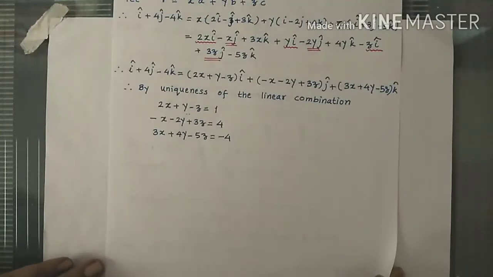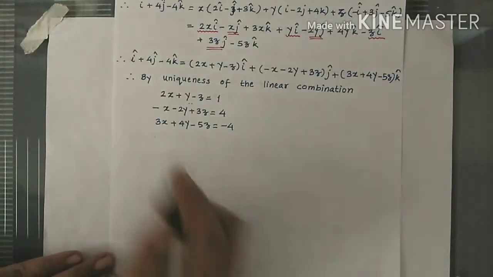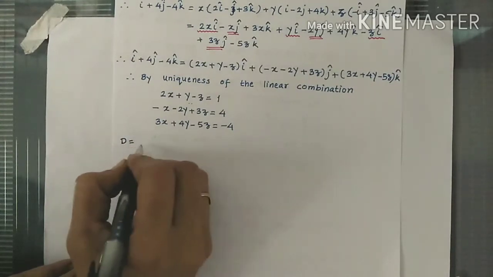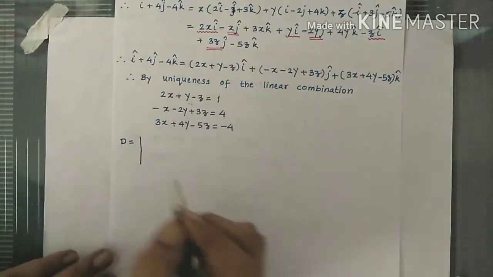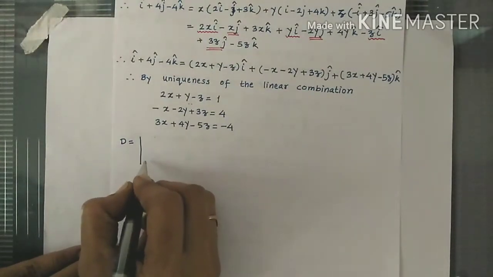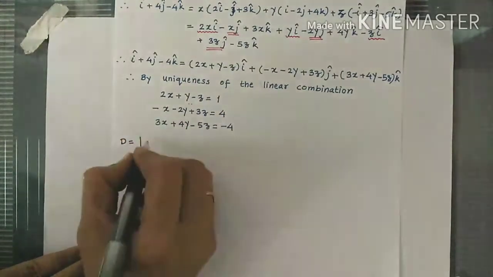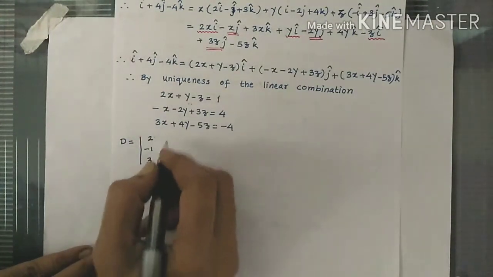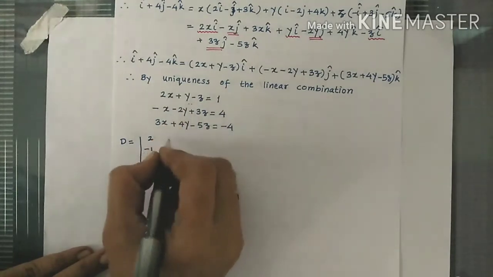So I am going to solve this by determinants. For determinants, let's use Cramer's rule. So what is Cramer's rule? First of all we have to write the determinant D. In determinant D, first of all we write the coefficients of x. Those are 2, minus 1 and 3. The second column is the column of coefficients of y.